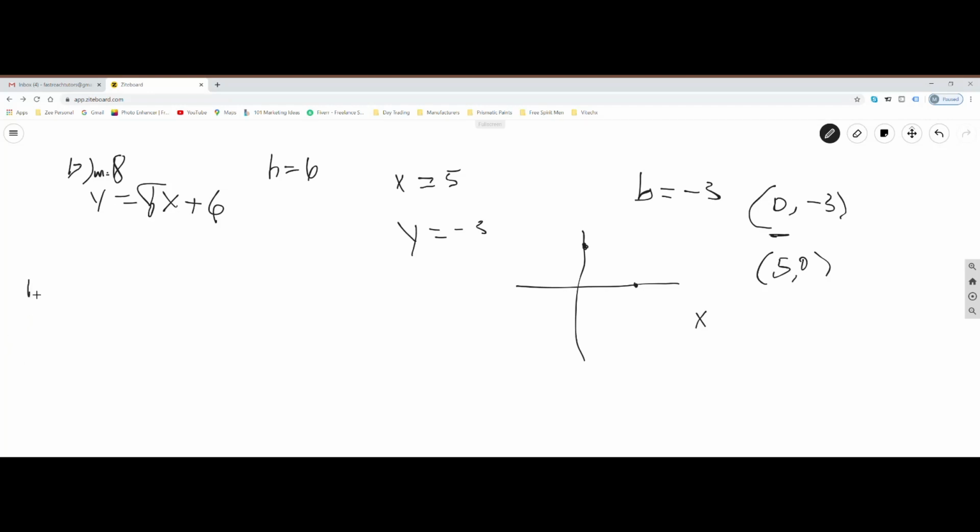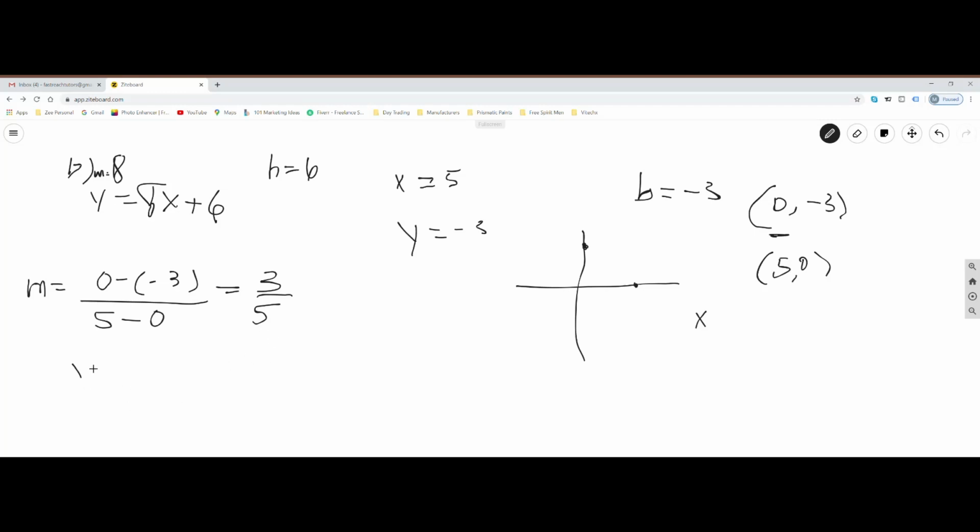So you have slope equals 0 minus (-3) over 5 minus 0 equals 3 over 5.